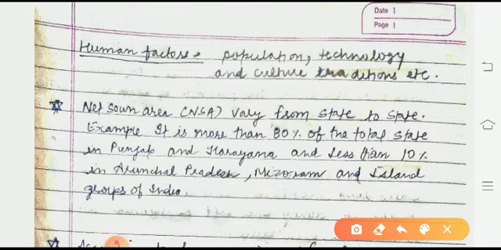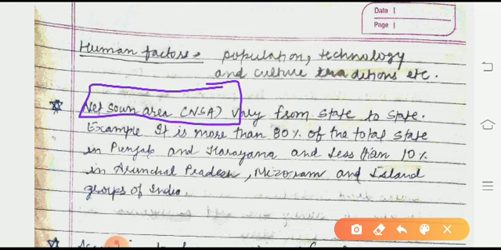Then this is an example. So NSA, we know the area which is used for cultivation once in a year, that is called NSA. But how much area is under cultivation will vary from state to state.